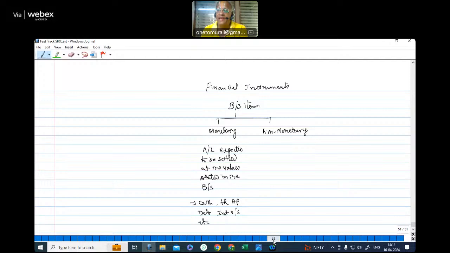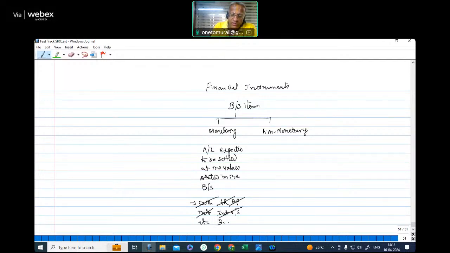But ideally speaking, debtors are collected, creditors are paid at the values at which they are stated. So accounts receivable and accounts payable, even though you may have some waiver on either side, are expected to be paid or received at the values at which they are stated. Cash is like that, debentures are like that, interest outstanding, etc.